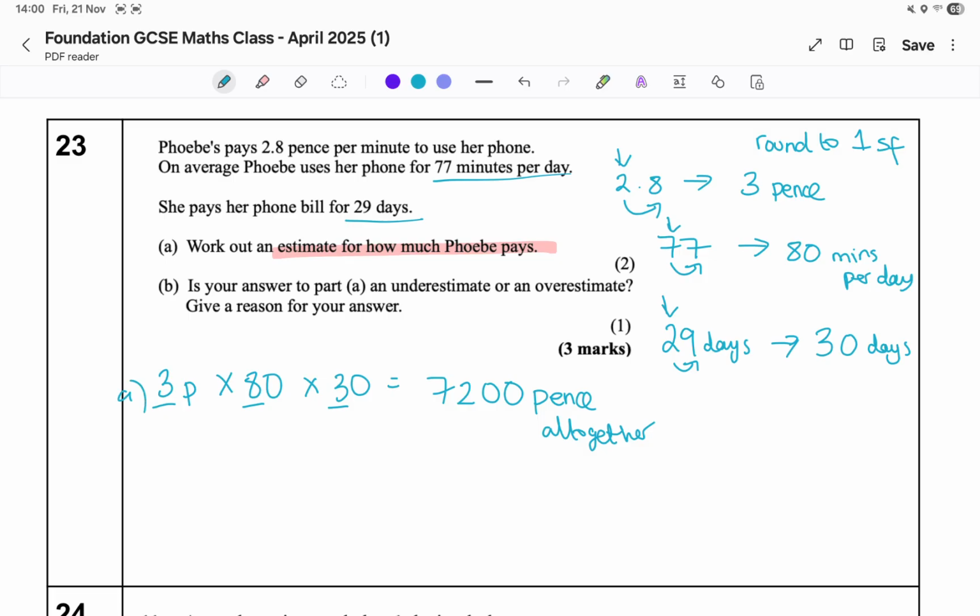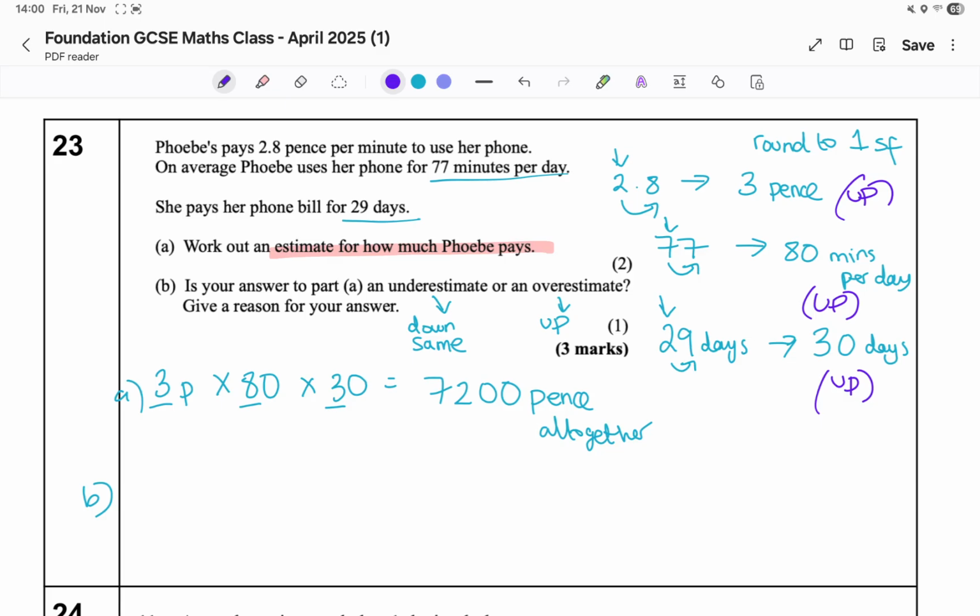Now part B, is your answer to part A an overestimate or an underestimate? Give a reason. With this question, it's an underestimate if you rounded all your numbers down or kept the numbers the same. Overestimate if you rounded all your numbers up. In this case, we went up here, we rounded up here, and we also rounded up here.